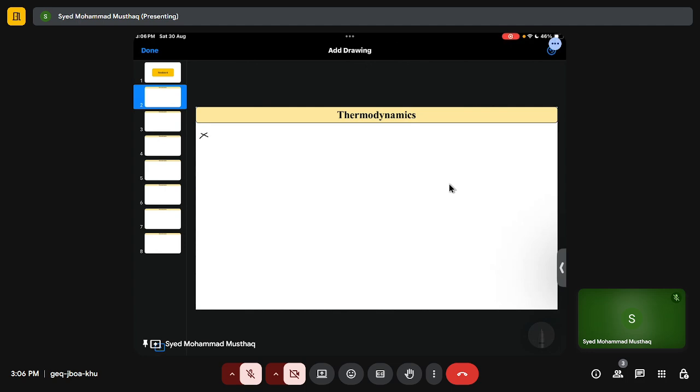So the first one is the delta G mix, right? So initially I had A, and then I had B, right? Now we are trying to mix it. So you get AB.